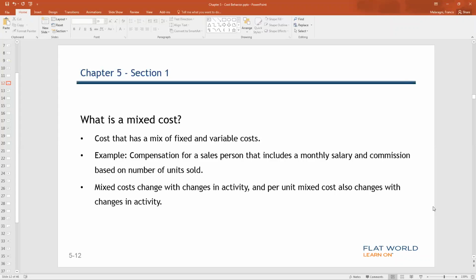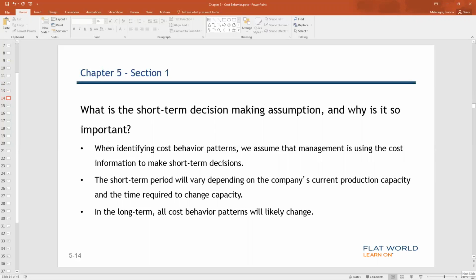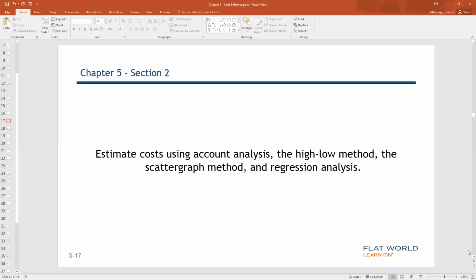But we're not going to worry about that for our course. The other thing we're not going to worry about in our course is the whole discussion in section 5.2 about how to forecast costs. Okay, so 5.2 talks about using account analysis, high-low method, scatter graph, and regression analysis, and basically that's to forecast cost.